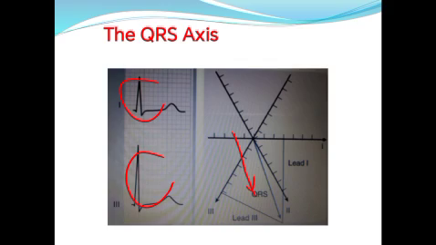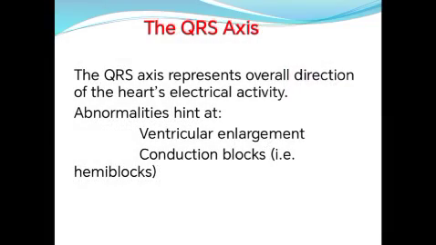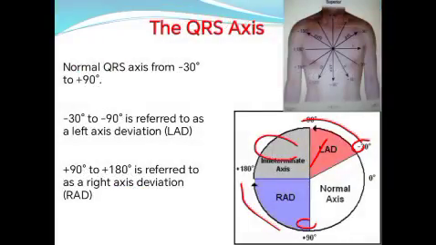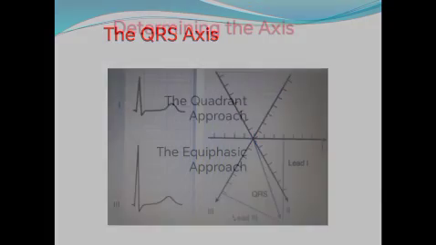This is lead 1, and here we can use lead 1 and lead 3. This is normal. Now assume this is AVF. If it's like that, this is normal axis. If lead 1 and AVF are predominantly positive, this is normal axis.